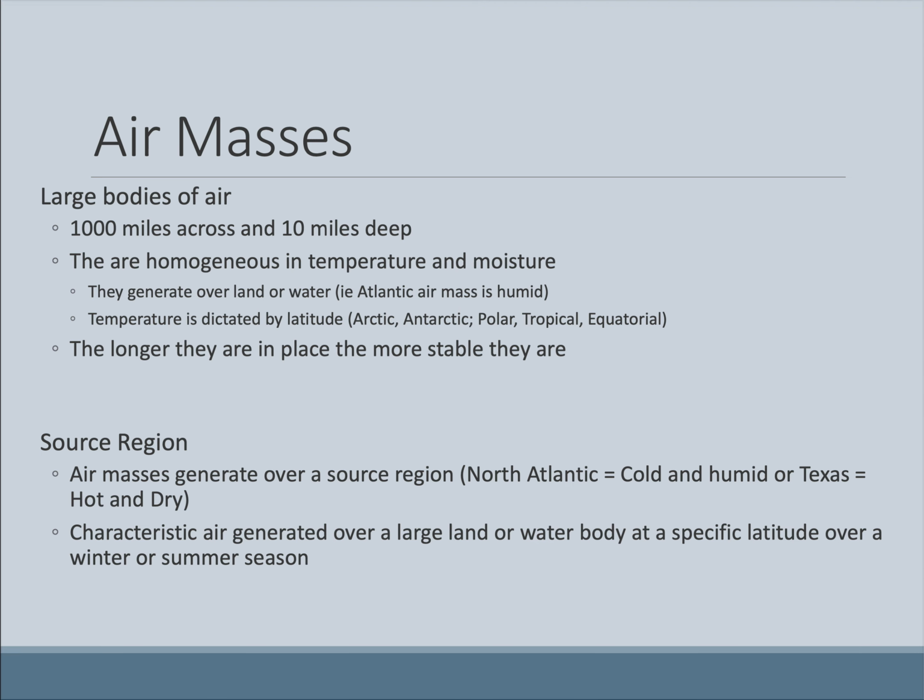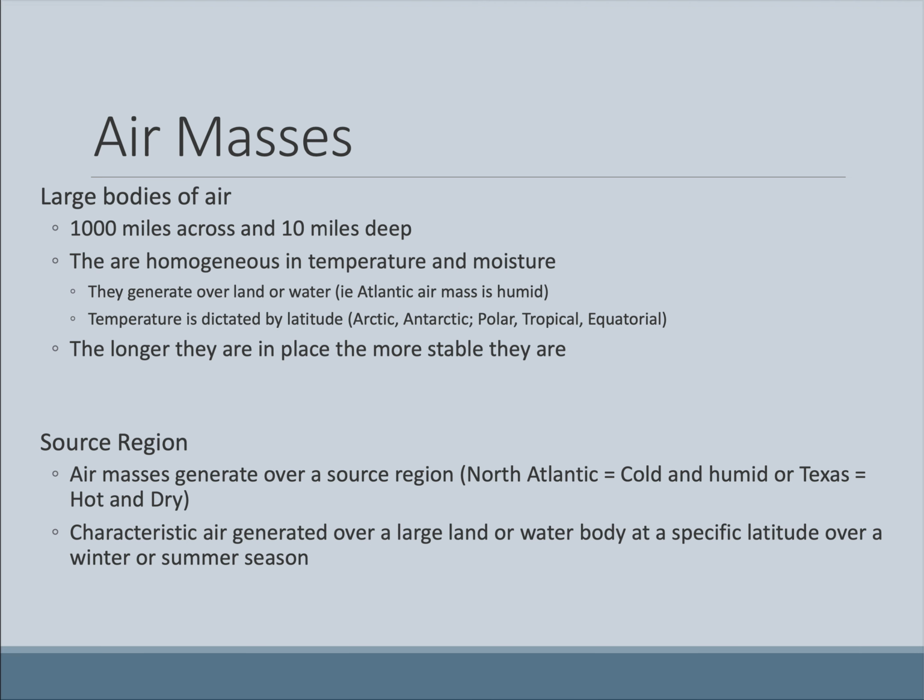There's going to be statistically little difference in temperature and in moisture regime across that air mass, except when you get to the edges, when those air masses meet an adjacent air mass. Then there's going to be variability at the edges, and that's where you're going to have atmospheric disturbance for the most part. There are going to be other atmospheric disturbances that we're going to talk about, but it's at the edges where variability takes place.